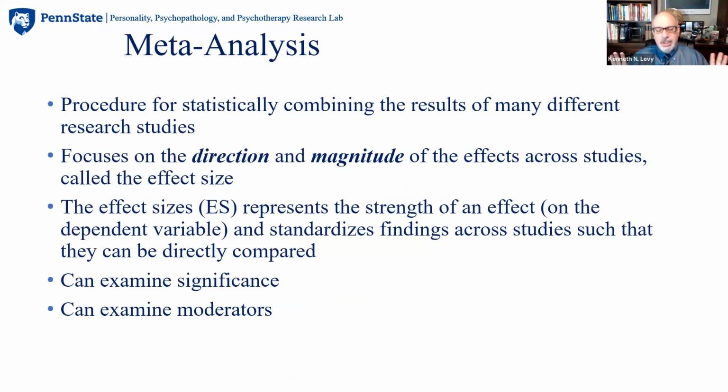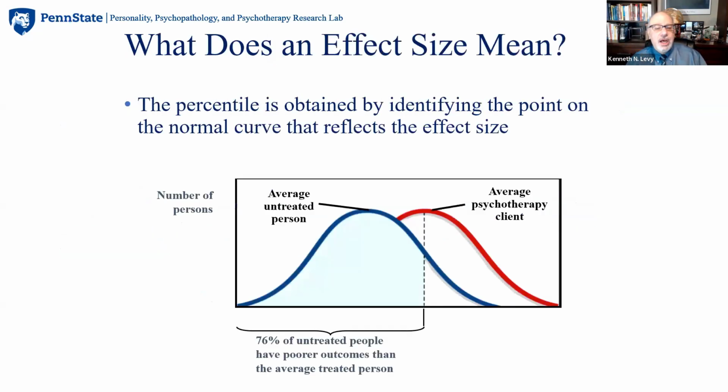And so one takes the outcome measures and converts them across the studies into a common metric that allows one to estimate the direction and magnitude of what's called an effect size, which represents the strength of the effect. And you can look at the significance of those effect sizes, and you can look at moderation of those effect sizes, although most studies of moderation don't work very well because of several statistical issues.